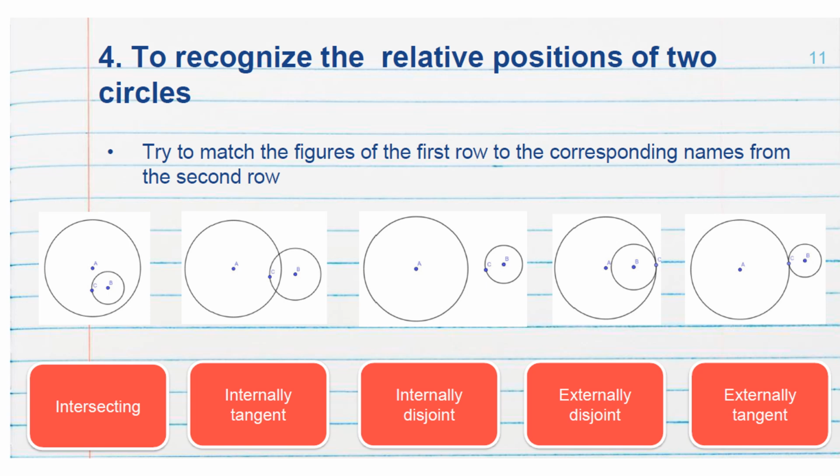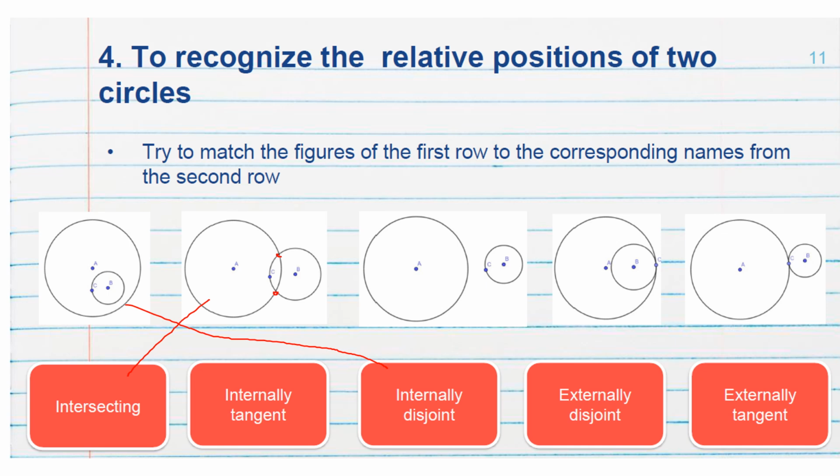I guess these two circles, no common points, so they are disjoint, but internally from inside. These two circles have two common points, so they are intersecting or secant.